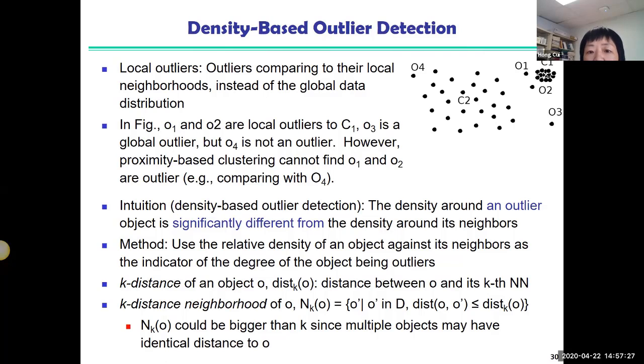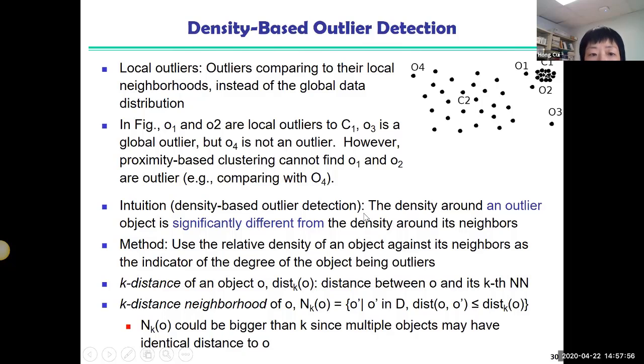So for density-based outlier detection, the idea is to compare the density of the neighborhood of outliers to the density of the neighborhood of non-outliers. The assumption is non-outliers are probably going to be in denser areas, and their neighbors are going to be closer to them.